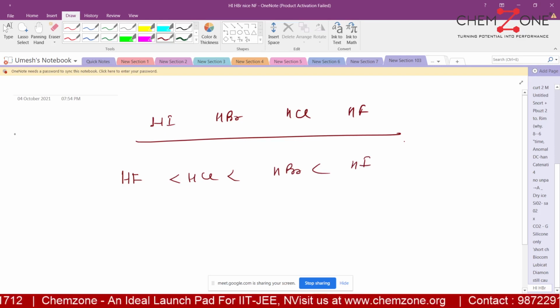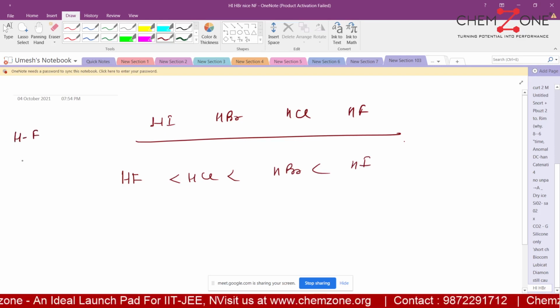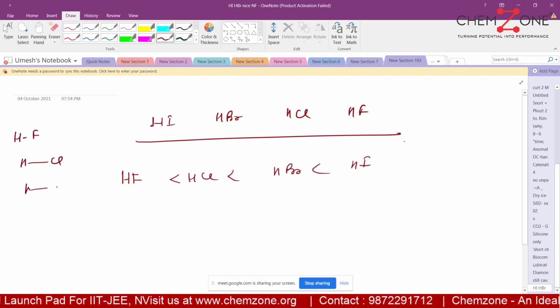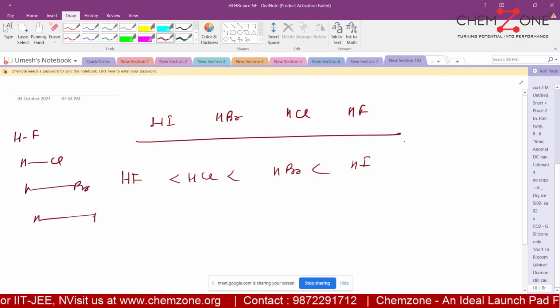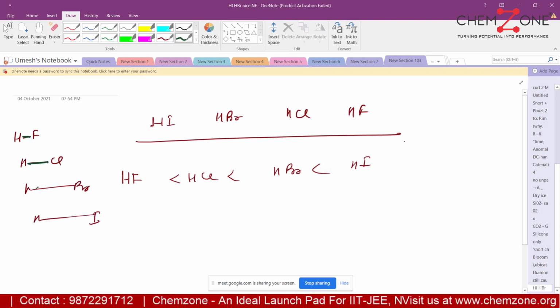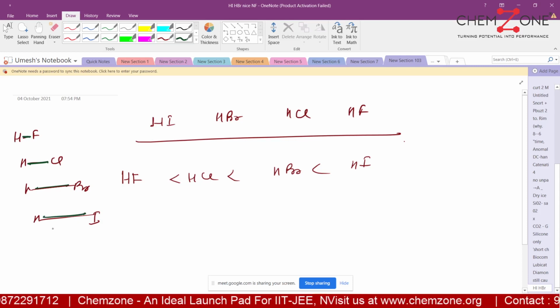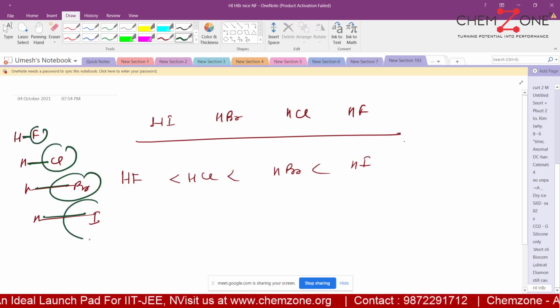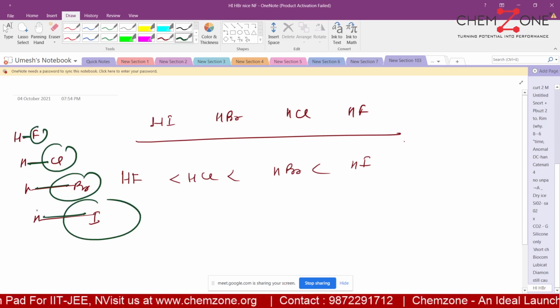Reason being, as you go down the group, the atomic size increases, right? The bond length will increase and the bond strength will decrease.